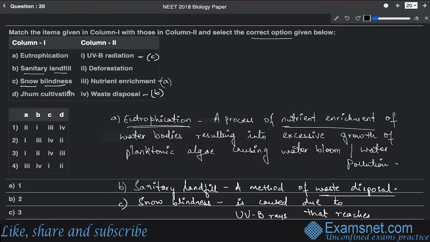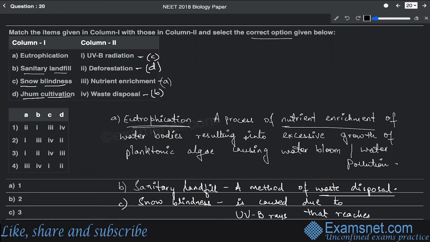Now, the last is Jhum cultivation. Jhum cultivation is basically related to deforestation. All right. So Jhum cultivation is one of the reasons for deforestation. This is a cultivation which is actually performed by the local people, where they try cultivating different categories of crops. This word Jhum is related to clearing of forest patches in the local area.